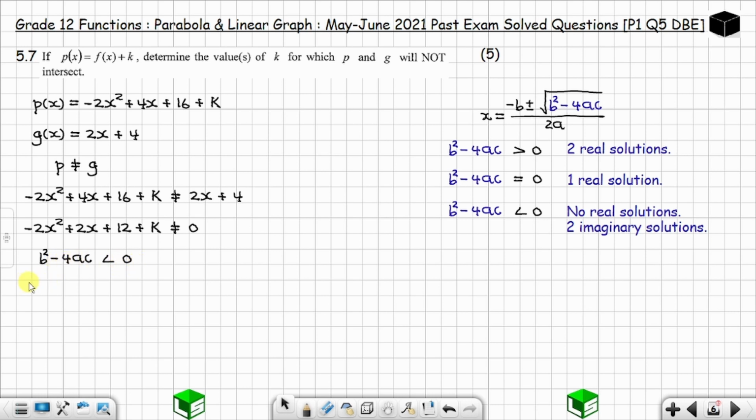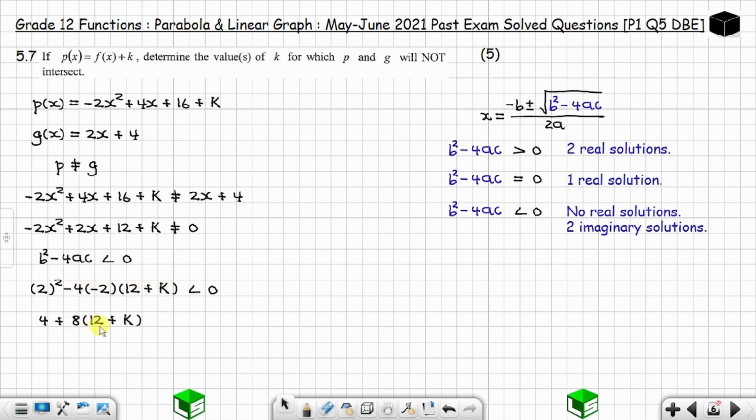So you have B squared, this is B, so it's 2 squared, minus 4. What is your A? Your A is negative 2, right? Times C, this is your C, 12 plus K, less than 0. This is equal to 4. 2 to the power of 2 is 4. You have minus 4 times negative 2, so it's plus 8, right?